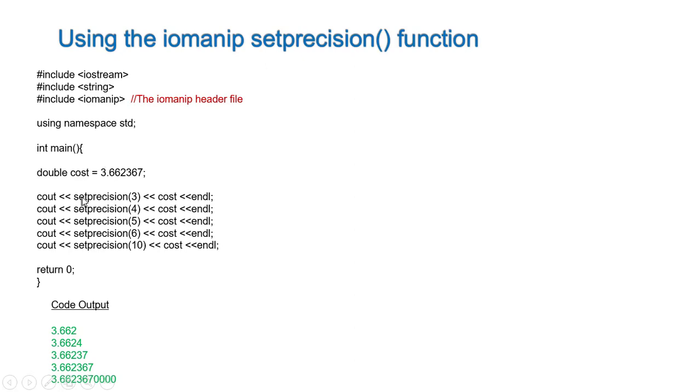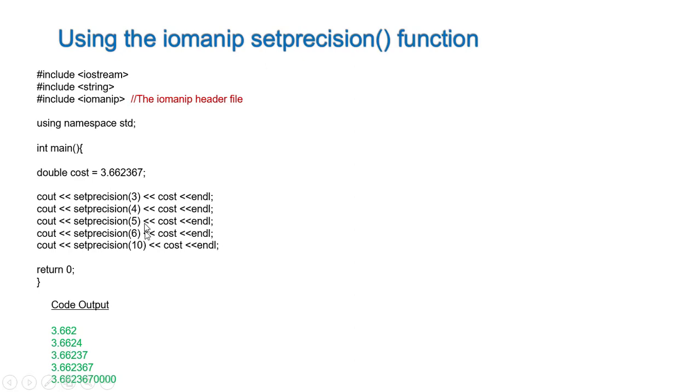So if we say cout setprecision(3), that will print out 3.662. What that means is easy to understand. After the decimal point, 3 characters will be printed because we set precision to 3 characters, and that makes it 662. Then the second one is setprecision(4). So 4 characters will be printed after the decimal point.